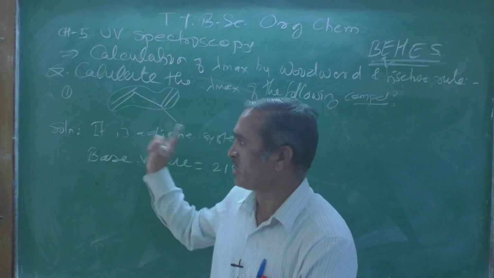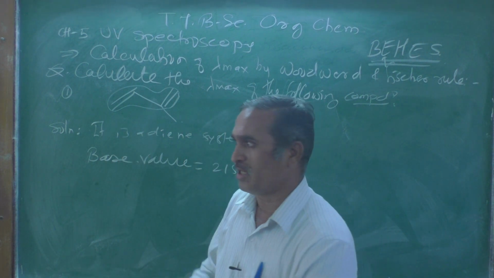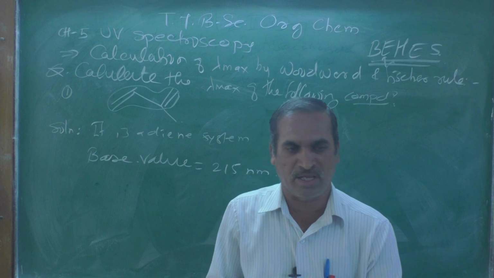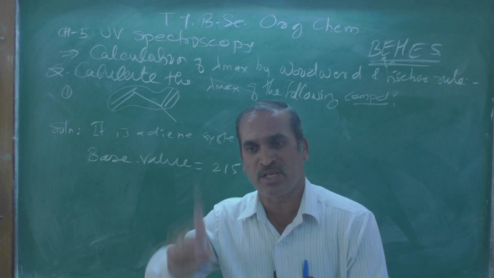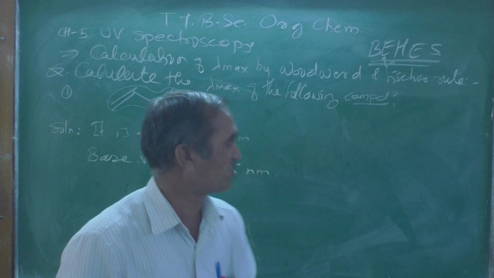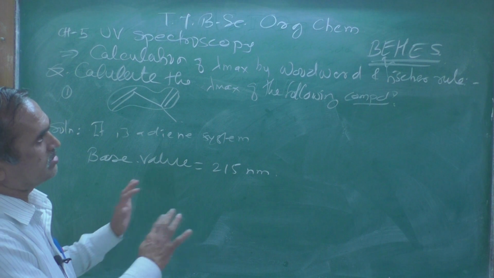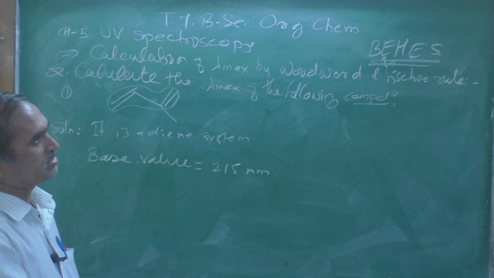Here, if you see this structure, it is an open chain structure, it does not contain a ring. Therefore, there is no question of a homoannular system. So you can write it or not, keep it as it is.